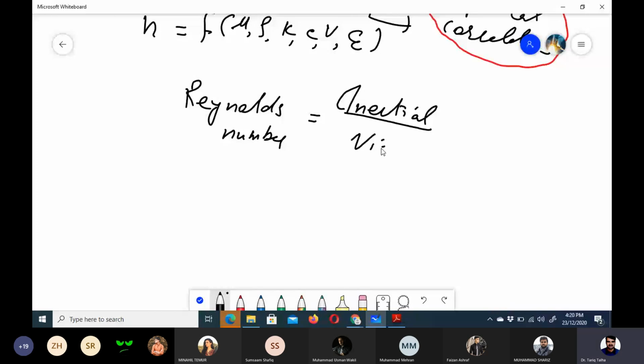So if the Reynolds number is low, it means that the momentum of the flow is less and the viscosity is dominant. When viscosity is dominant, then it means that there wouldn't be any disorder.